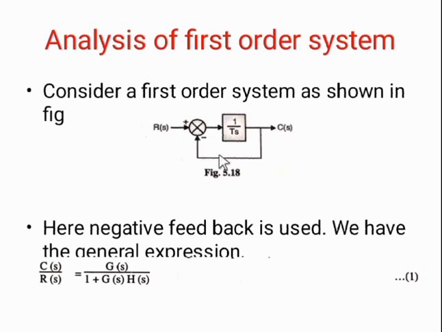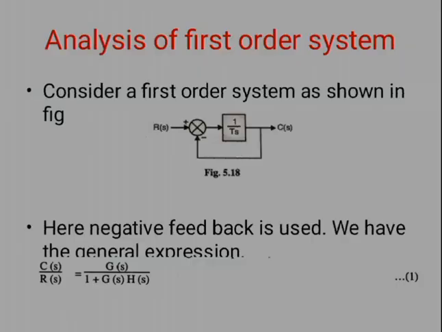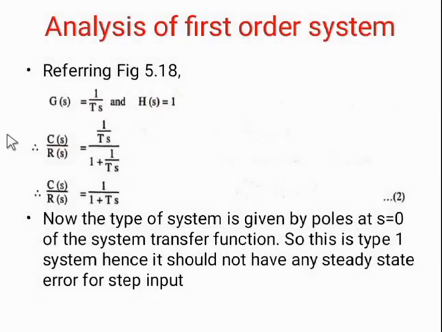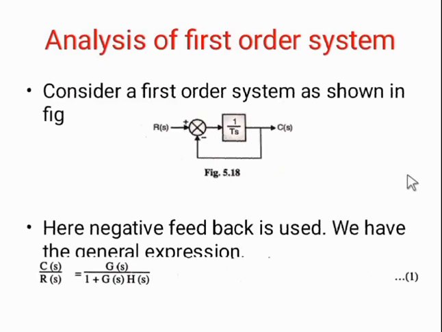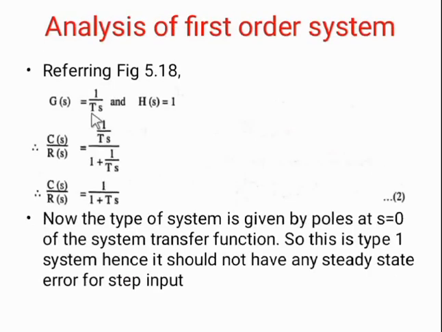So the general equation of this system is C(s) by R(s), output by input, equal to G(s) upon 1 plus G(s)H(s). Here the feedback is negative, so we put plus. This is the general expression for these systems. Referring to figure 5.18, G(s) is 1 over Ts, and H(s) is the unity negative feedback, so it is 1.